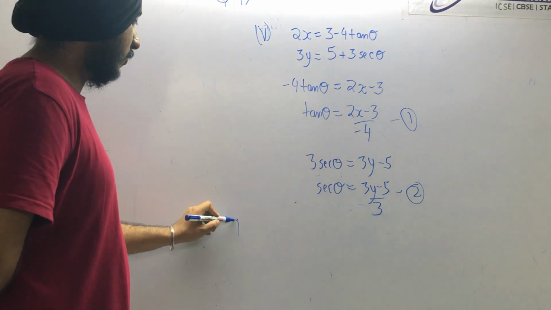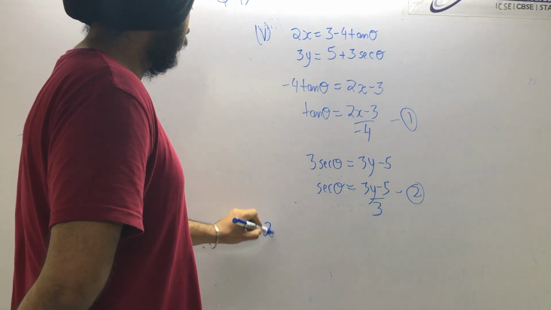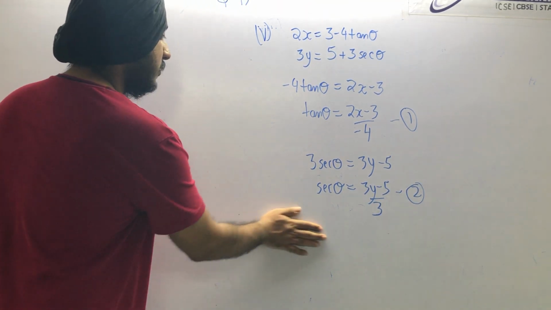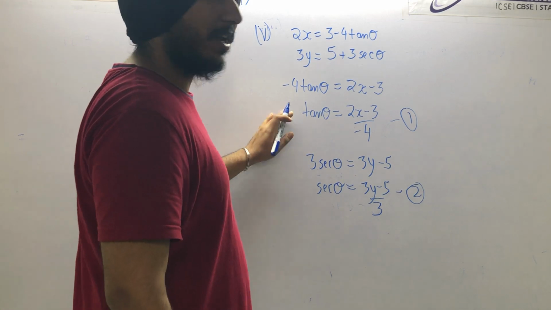Just write here 2 square minus 1 square. What will you get? Sorry. You will say 2 square minus 1 square, because sec square theta minus tan square theta is 1.